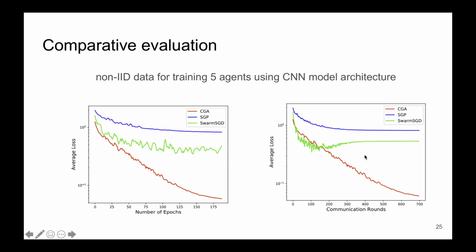When we consider that kind of communication, this plot shows the average loss with respect to the communication rounds. The algorithm still converges to lower values after 200 communication rounds than the baseline.